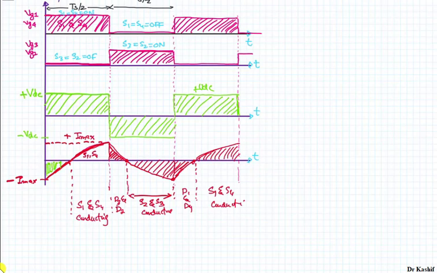Over here your diodes will be conducting, and over here in the positive part your main switches will be in the conduction mode, and then over here will be the diodes, and over here the switches in the on state. So your diodes and switches are turning on and off to give you the smooth operation of the full bridge inverter circuit. These are the voltage and current waveforms of your full bridge inverter.